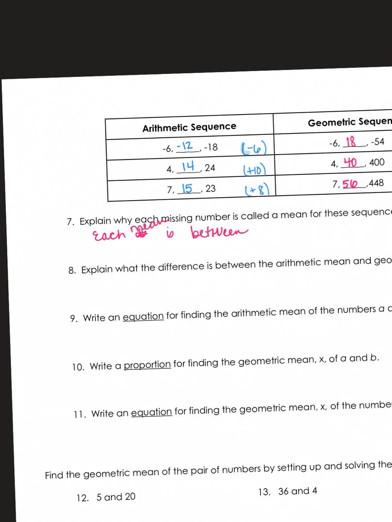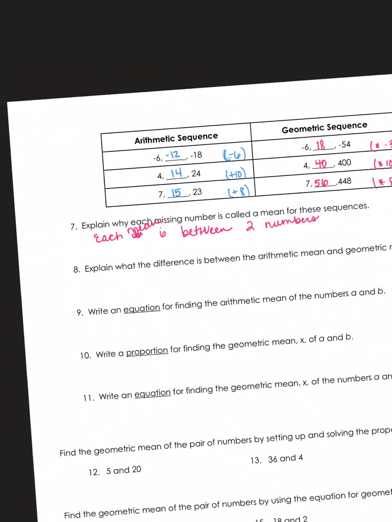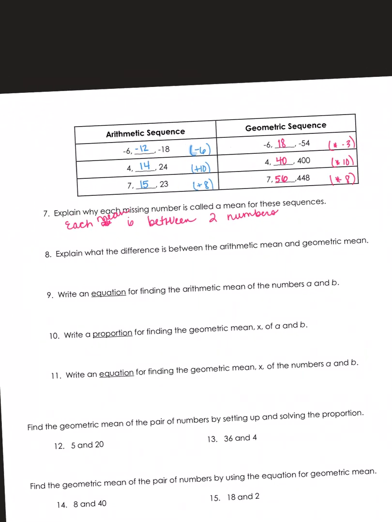So each mean is between two numbers, okay, found by adding a common difference or multiplying by a common ratio.